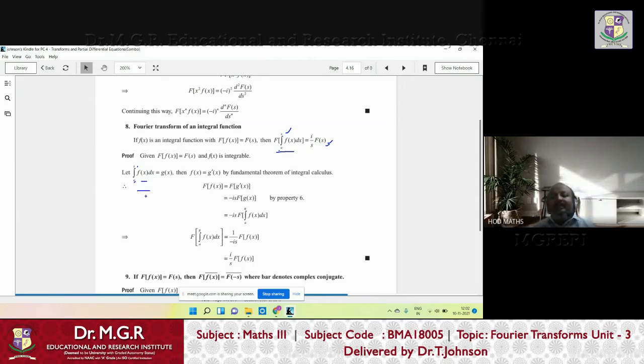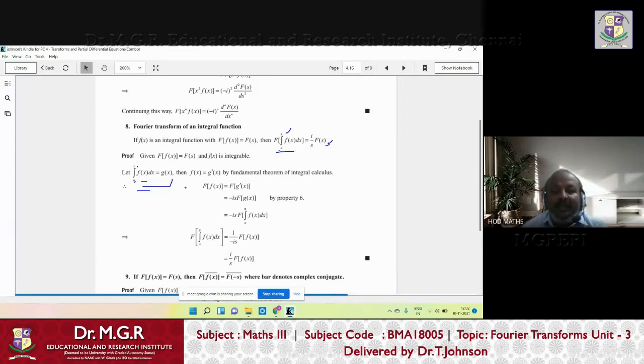Since one limit is constant a and the other limit is x itself, if you integrate and substitute the limits, you again get a function of x. That function of x is taken as g of x. They just name the integral of f of x dx as g of x, because the integral is again a function of x, which is represented by g of x.